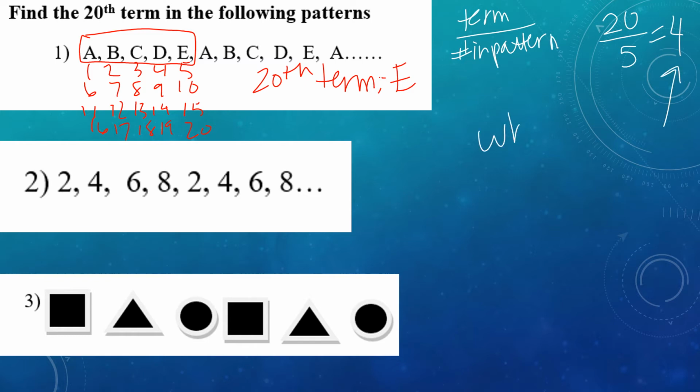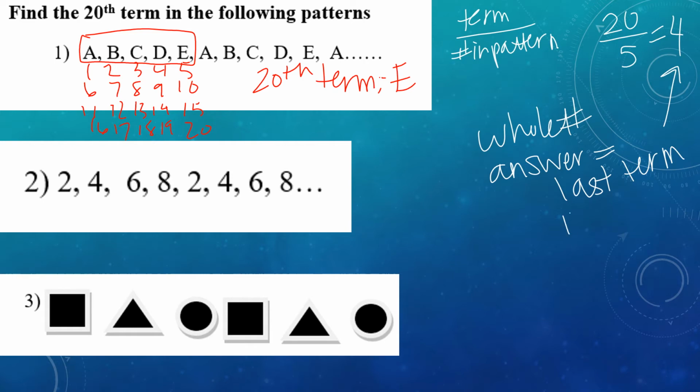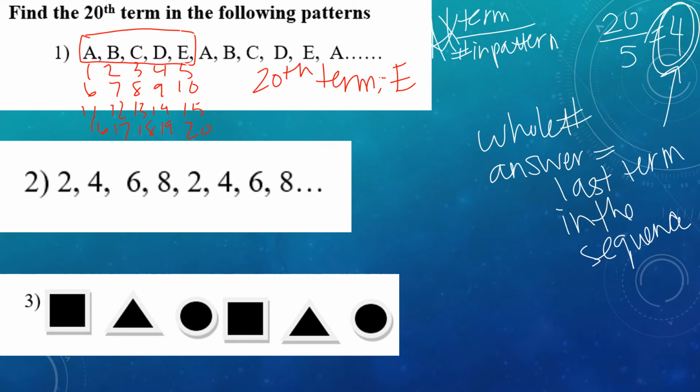If I get a whole number answer, it's the last term in the sequence. So I get a whole number here. That means that my term is E, the last term in the sequence. Make sure to write this down somewhere.